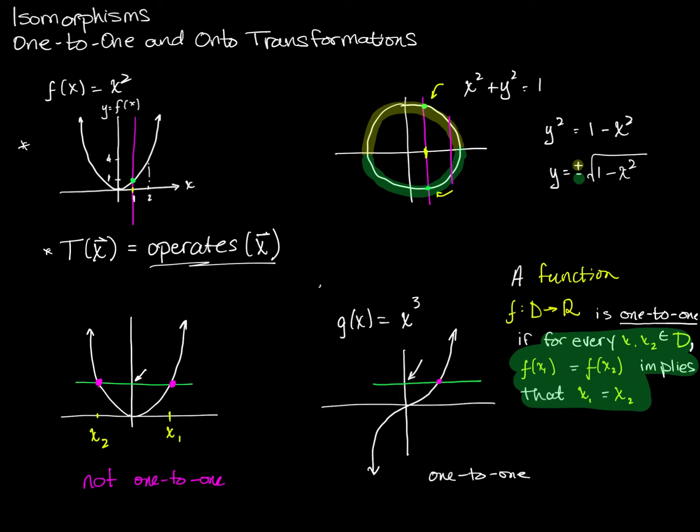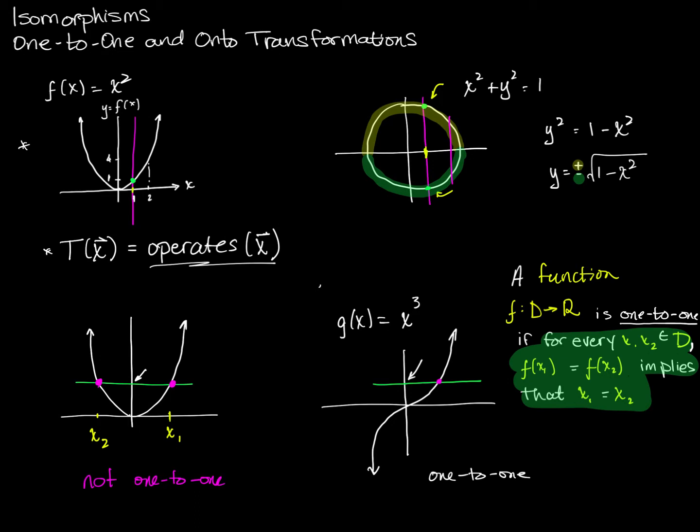Okay, so how do we read this? A function is one-to-one if the following is true. For any two inputs you choose, the outputs are equal means the inputs are equal. So I know I've gone over that several times, but it's pretty subtle. It's kind of hard to really land on and stick the landing, as it were.